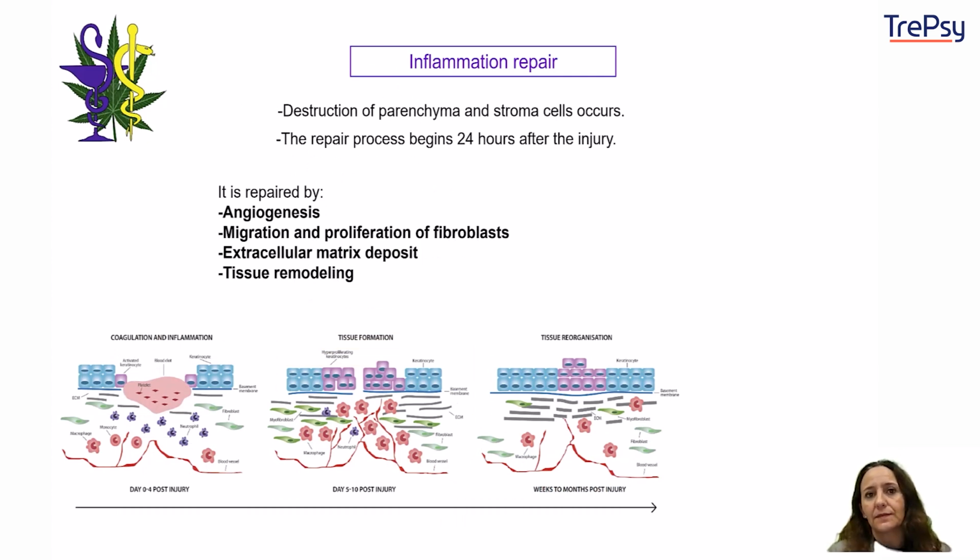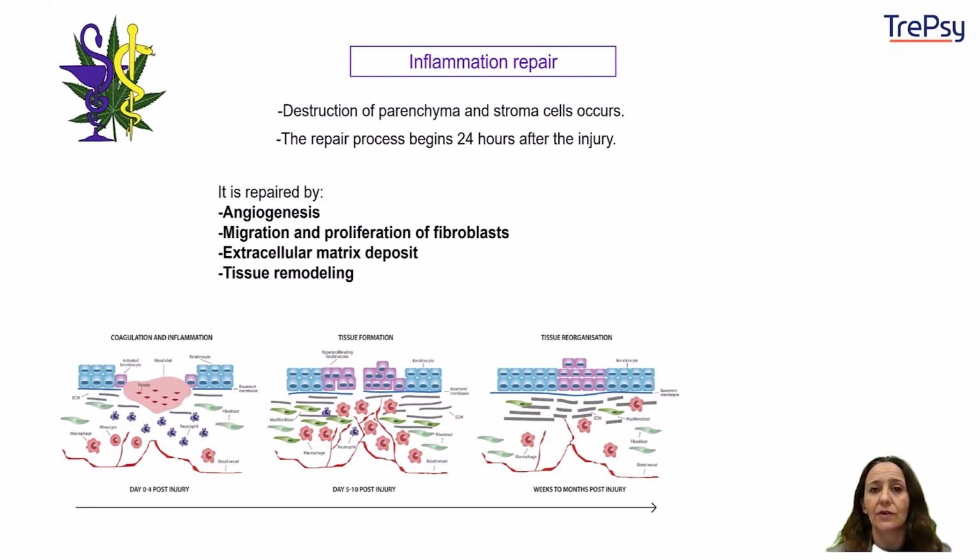When inflammation finishes, the repairing process starts. If destruction of parenchyma and stroma cells is happening, such as in the process of inflammation, the repair process begins 24 hours after the injury. It is repaired by angiogenesis, migration and proliferation of fibroblasts, extracellular matrix deposit, and tissue remodeling.